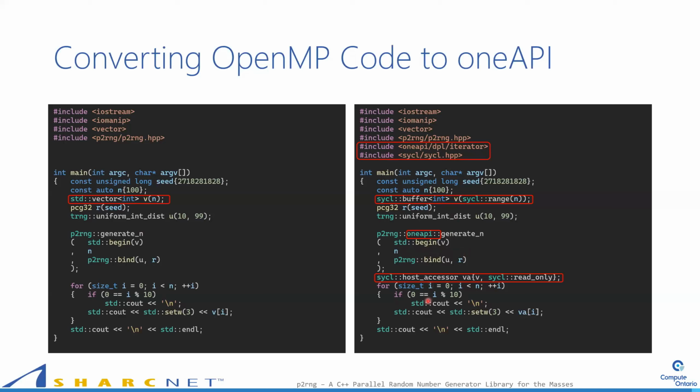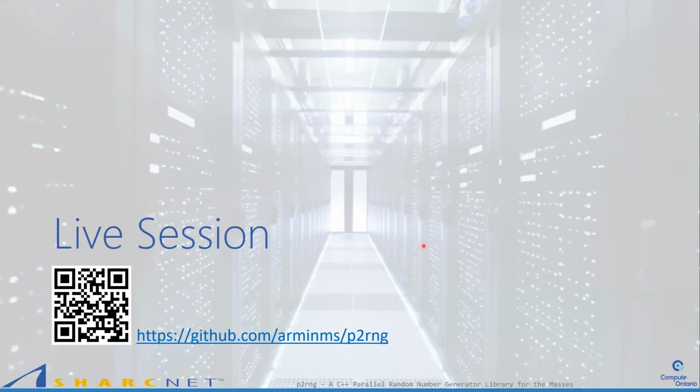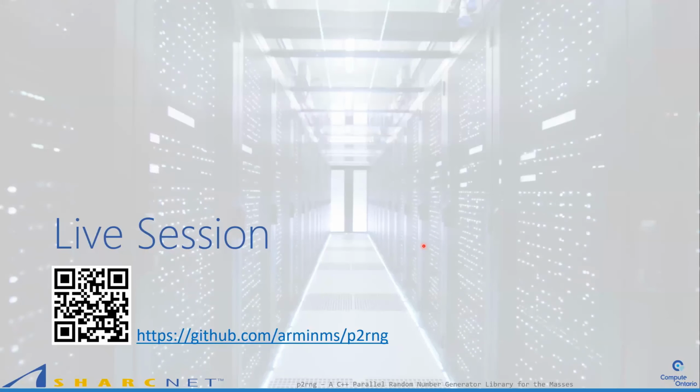But there is one more thing. You need to use a SYCL host accessor to access the vector on the host for printing the results. For ROCm and CUDA in Thrust, this happens automatically, but for SYCL, you should specifically mention that. Once you do that, you can have the results.